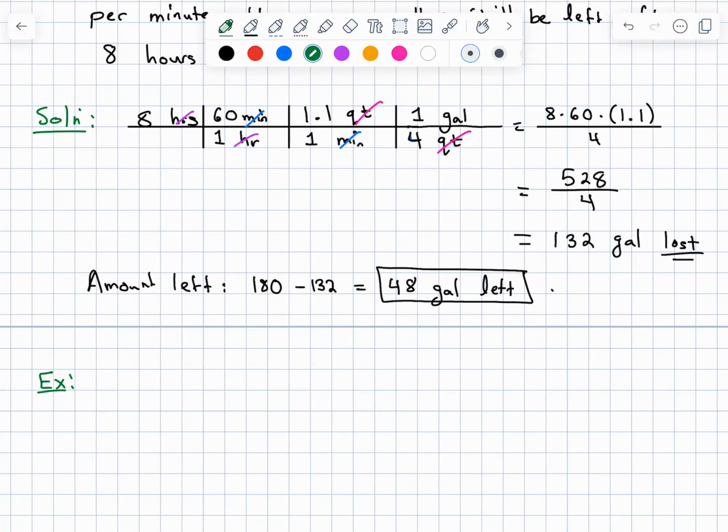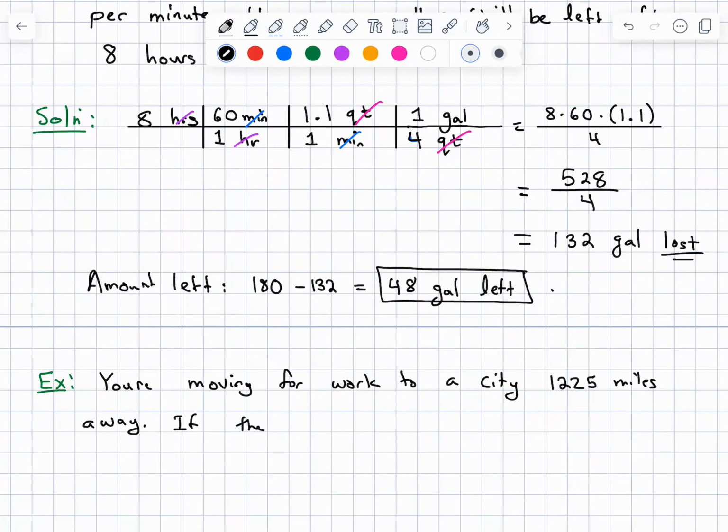So you need to move across country. You are moving for work to a city 1,225 miles away. If the moving truck rental is $1,400, which is now a low estimate from what I've seen, which is ridiculous.